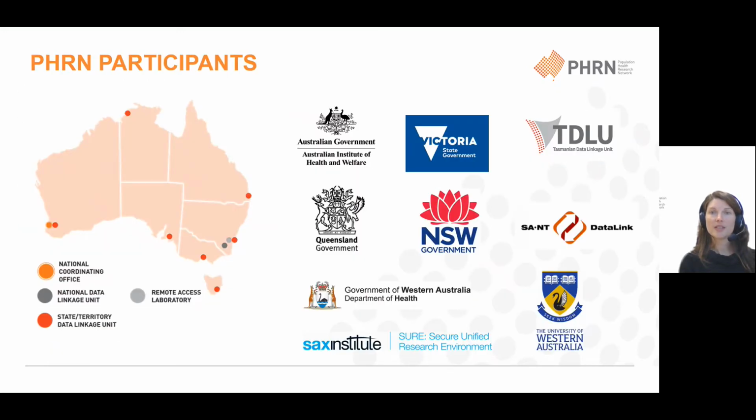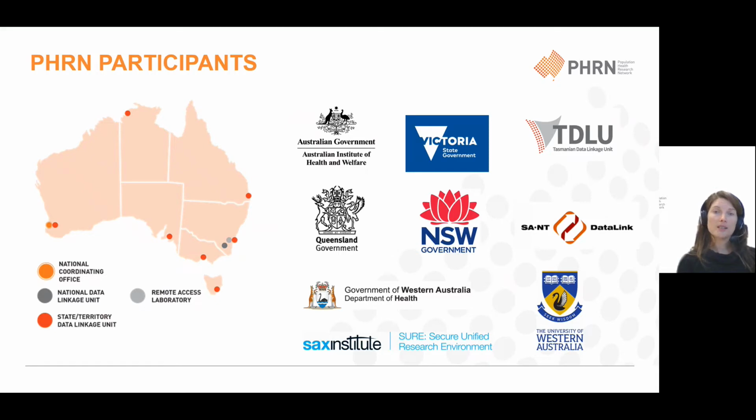So I have mentioned the people who can help with the design and planning process. There are a lot of people who can help you with this. The PHRN Coordinator Client Services Officers, one of which is myself, and the Data Linkage Unit Client Services Officers around the country are always available to answer any questions if you can't find the information you're looking for online or if you need a little bit more detail about anything.